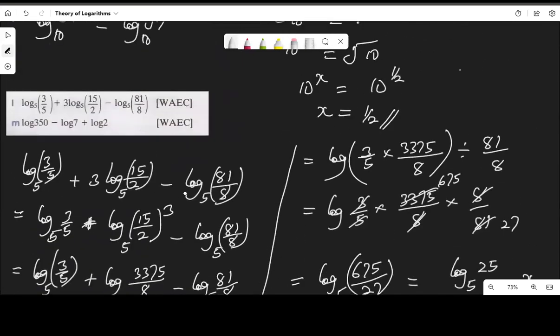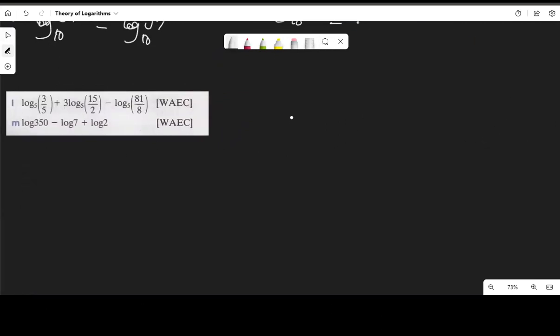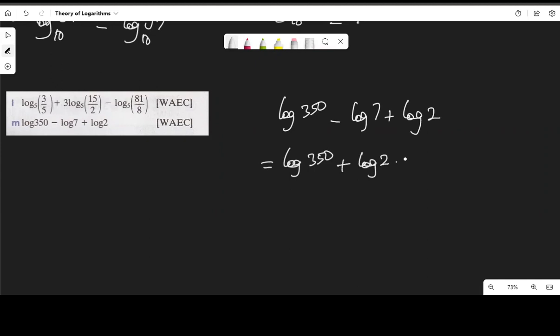Then the next part, let me clear this box. Okay, it says log 350 minus log 7 plus log 2. Let's rearrange it first. Let's bring all the positives together. So I have log 350 plus log 2 minus log 7.